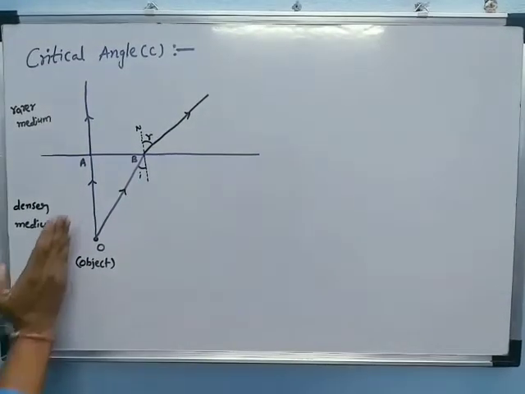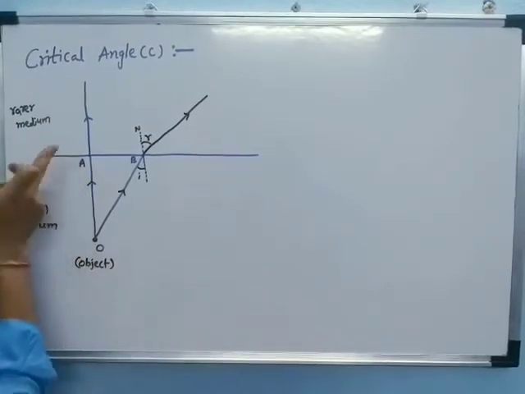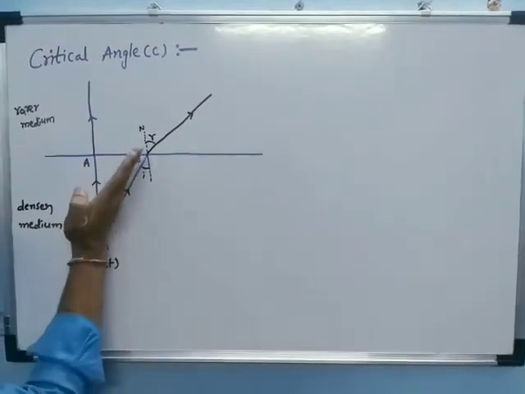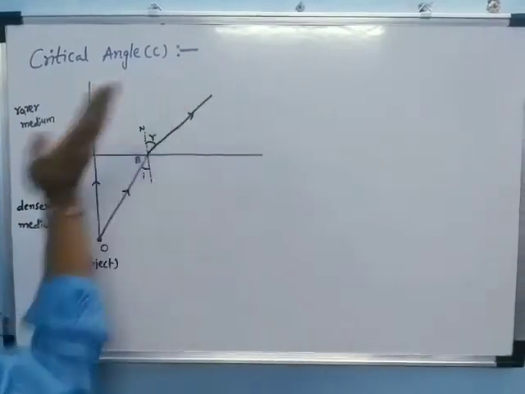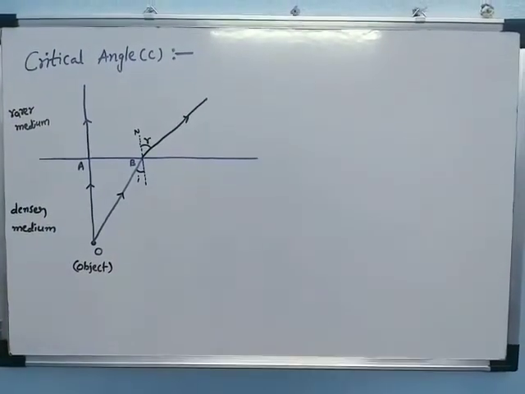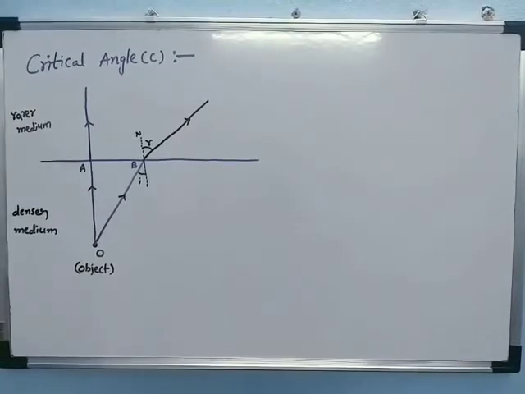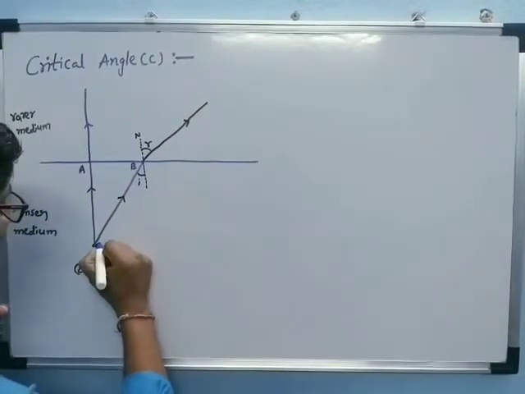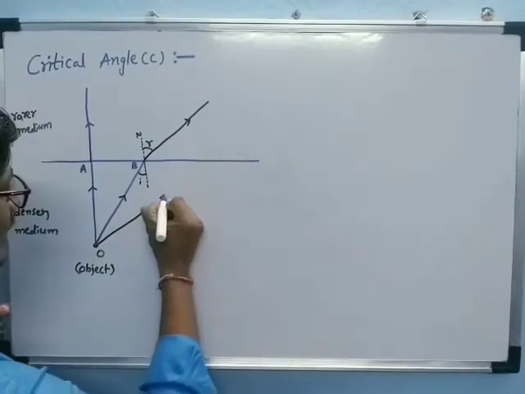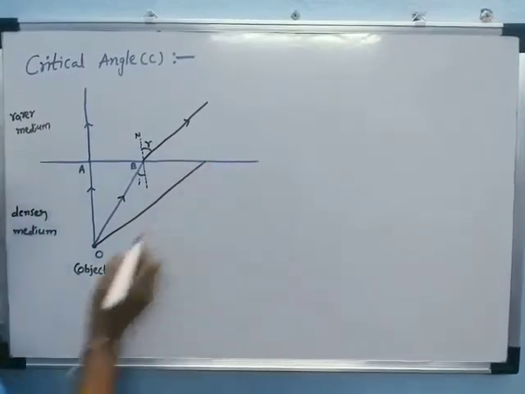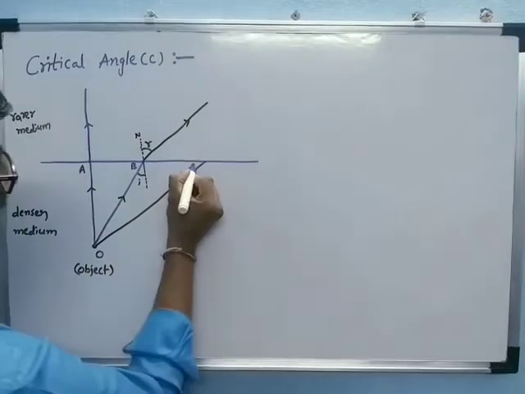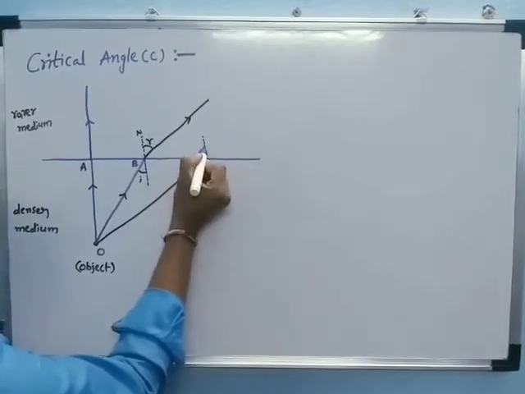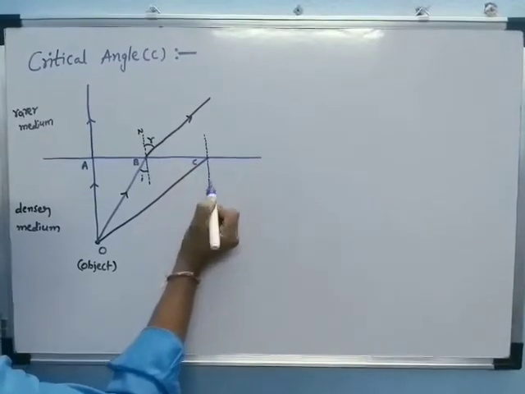Observe that whenever the ray is incident perpendicularly, the refracted ray also passes perpendicularly. Now it makes some angle of incidence, and the refracted ray also makes some angle. Another ray increases its angle and is incident on another point, the C point, where there is a normal.